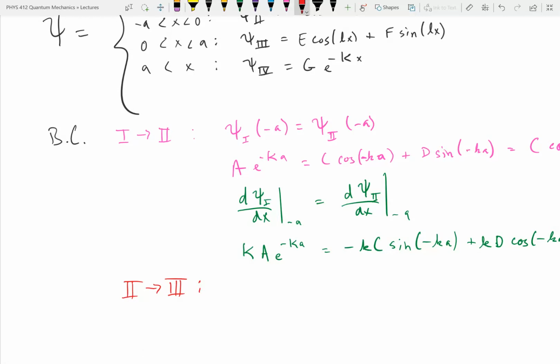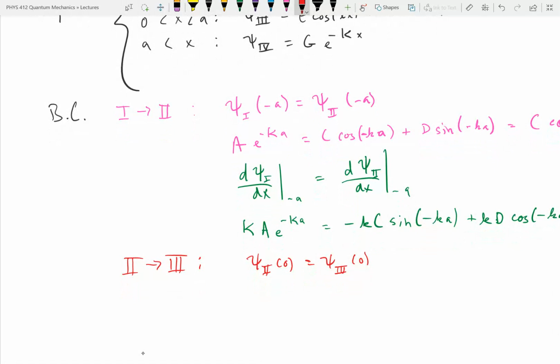So, 2, 3. It'll be the same thing technically, just at a different place. So psi 2 at 0 has to be equal to psi 3 at 0. So that's going to be C cosine of 0 plus D sine of 0 equals E cosine of 0 plus F sine of 0.